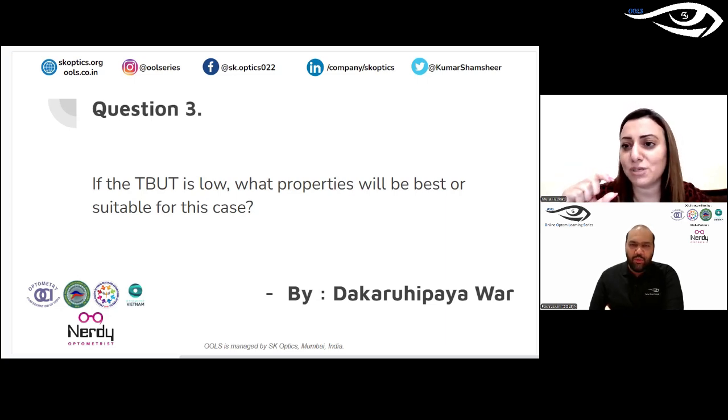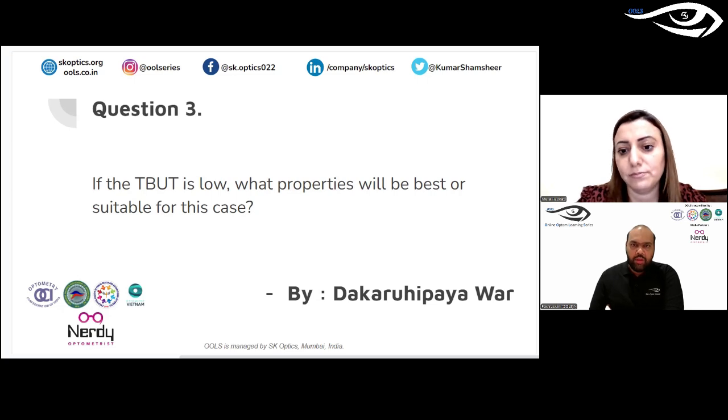It's the other way around. You need low water content, because the more water you have, the more evaporation you have, and then desiccation of the contact lens. So either you choose silicone hydrogel, they provide better tear breakup time. This is from my own experience. I find better tear film stability with silicone hydrogel or low water content hydrogel contact lenses.